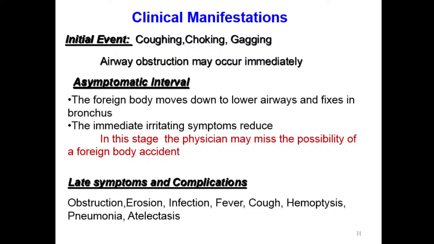Of course, it may later lead to pneumonia, atelectasis, and all the changes that may be met if you have a foreign body in some organ: obstruction, erosion, infection, fever, cough, hemoptysis. Hemoptysis is when a patient coughs up blood.